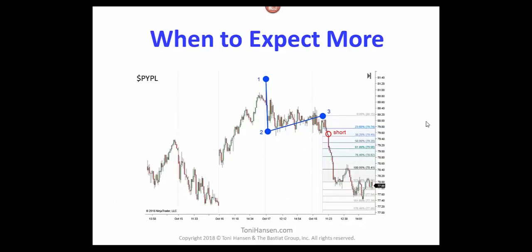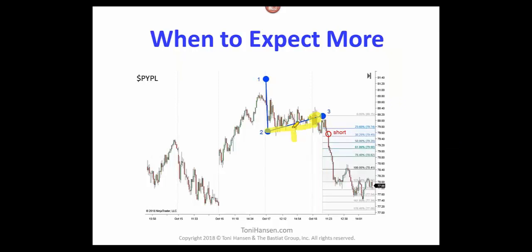So here is a move coming off of highs. I drew the extension level based upon the absolute high, which was up here in the morning. But really you're dealing with a trend that goes like this, and then the momentum is dramatically increasing. This was a gap trade on PayPal that we were following live, and I gave it to watch for a breakdown.